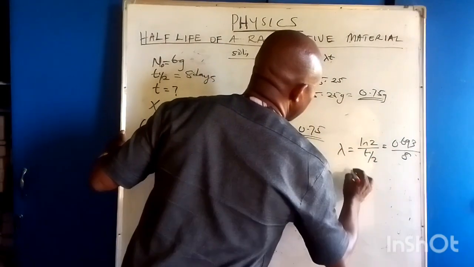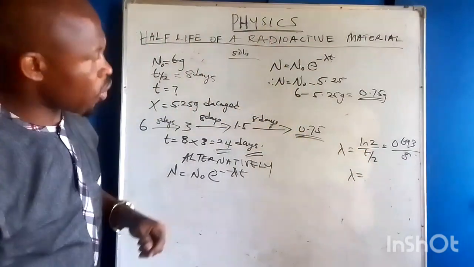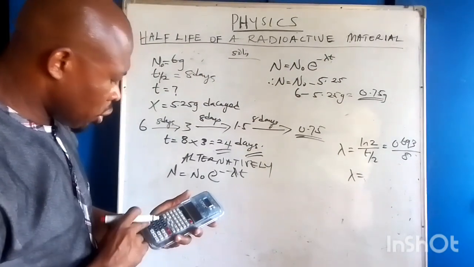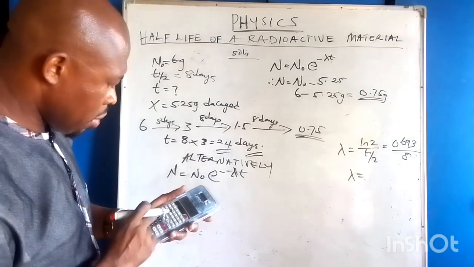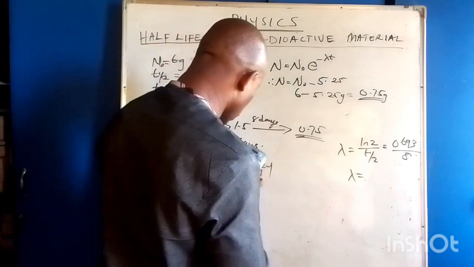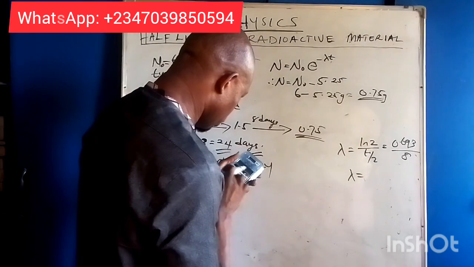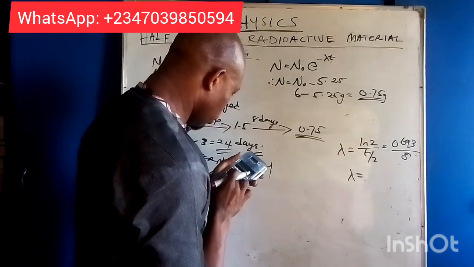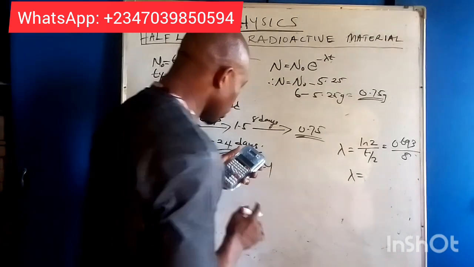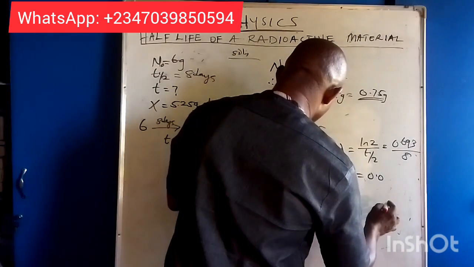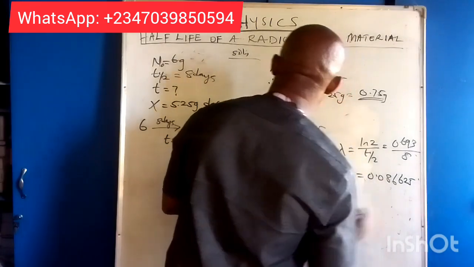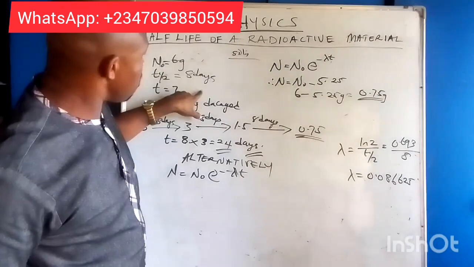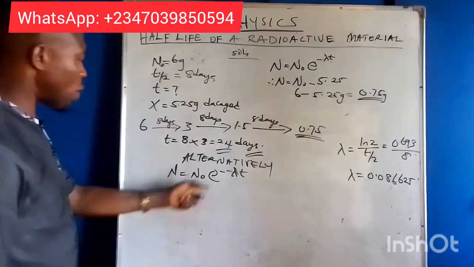So lambda will give us 0.693 divided by 8, which is 0.086625 per day. Remember, this one is in days, it's per day.